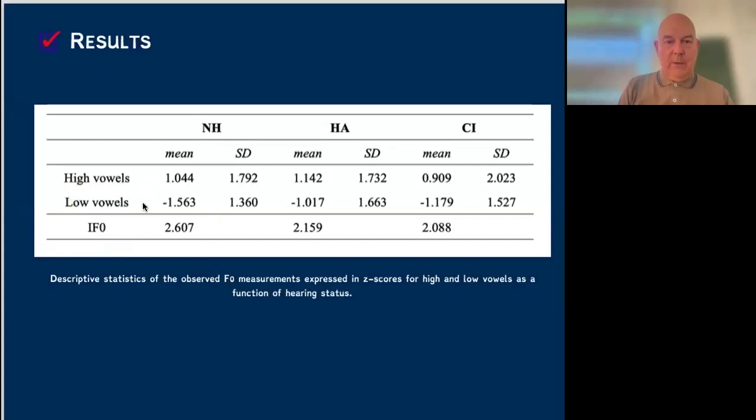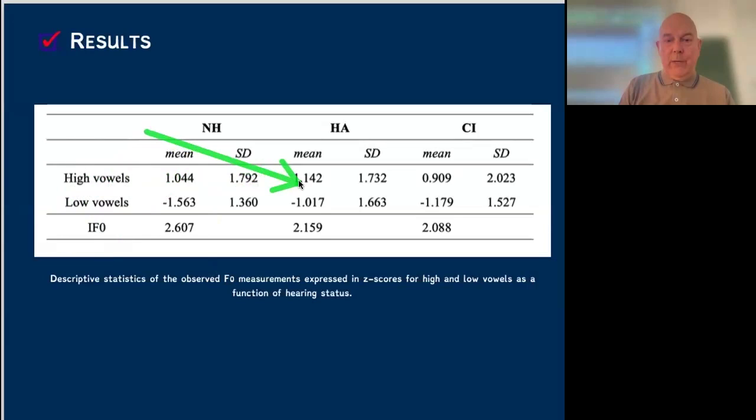So high vowels, low vowels, this here is the fundamental frequency normalized in terms of Z-scores. This is actually a very low fundamental frequency on the low vowels, low normalized. That is significantly higher.